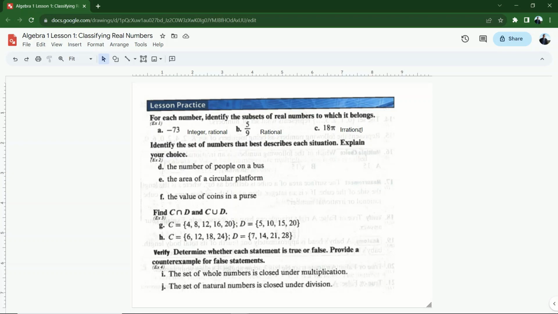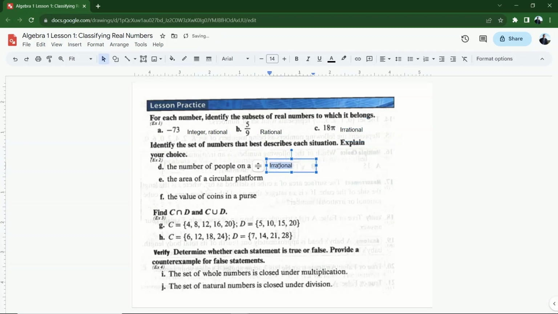All right, next, identify the set of numbers that best describes each situation. Explain your choice. The number of people on a bus. Let's see. Well, can we have 0 people on a bus? Yes, if the bus is sitting in a parking lot without the driver even on it yet. Can we have 1, 2, 3, 4?